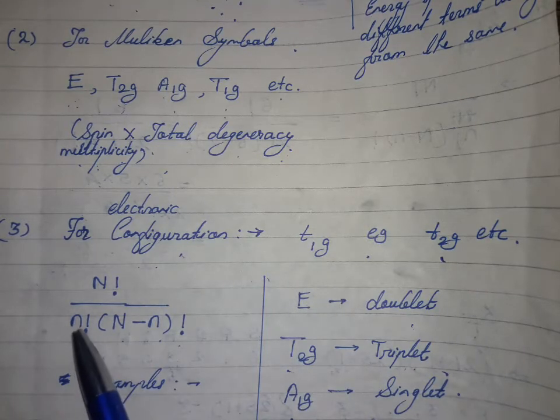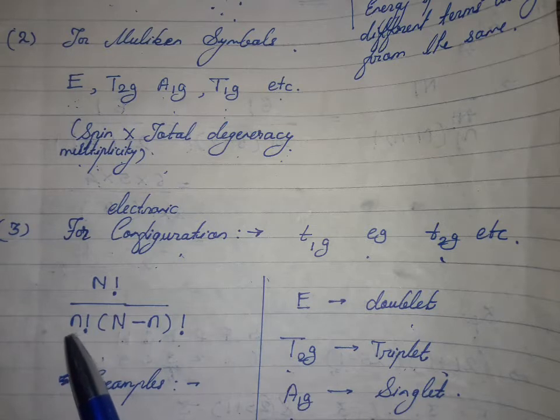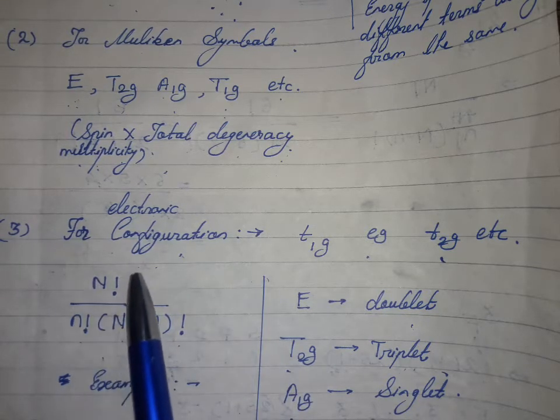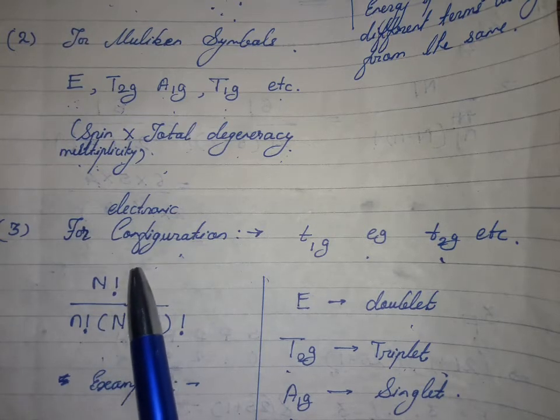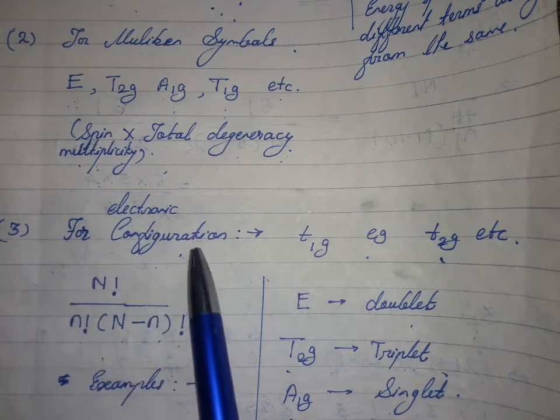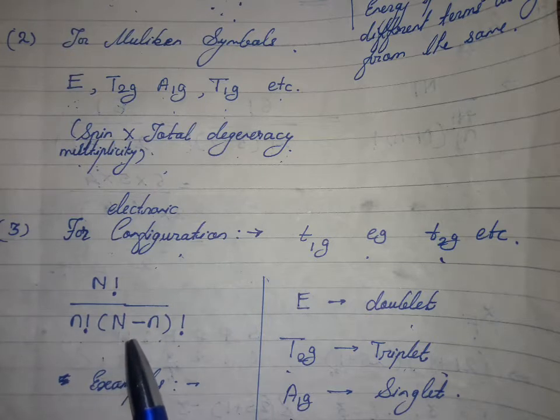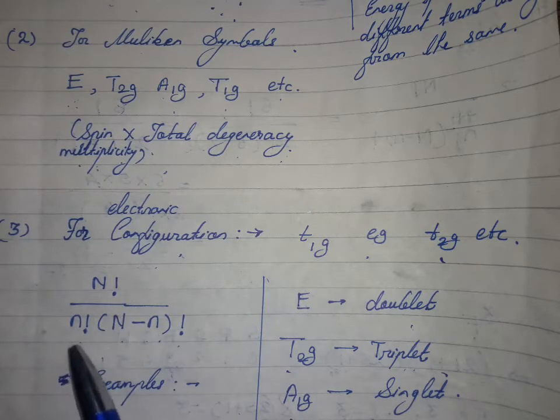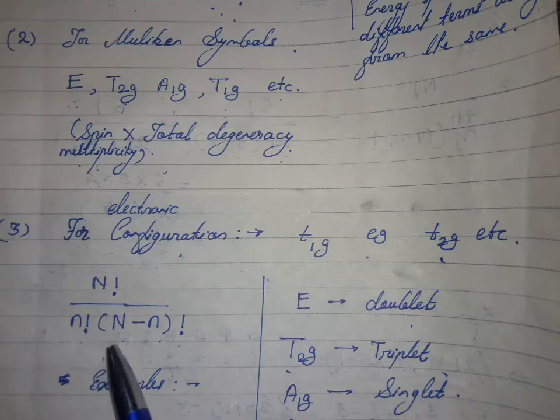That's why the value of small n is equal to 3. So we can calculate degeneracy for electronic configurations by using the formula capital N factorial divided by small n factorial into (capital N minus small n) factorial.